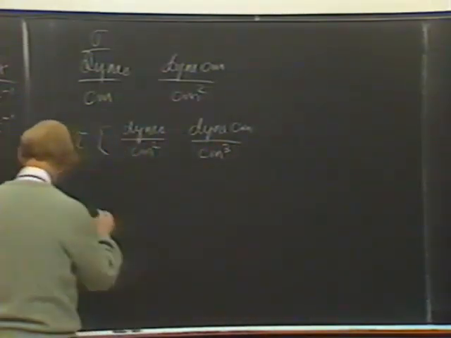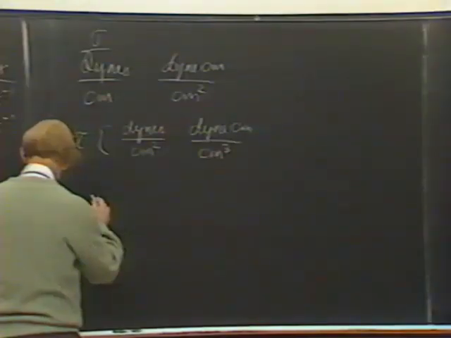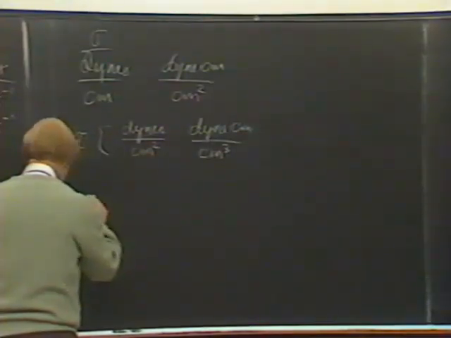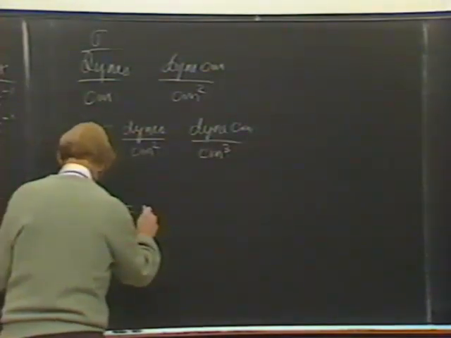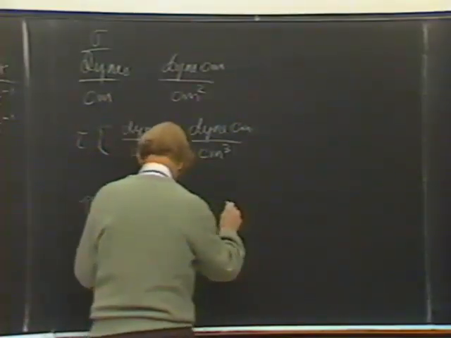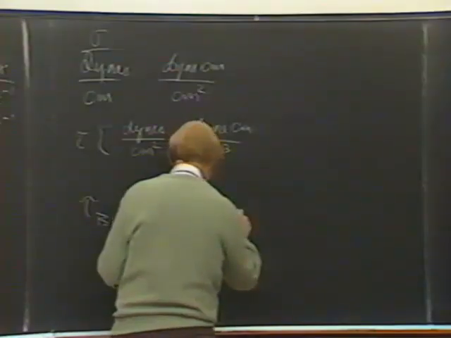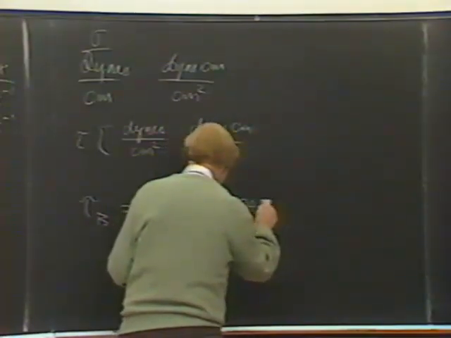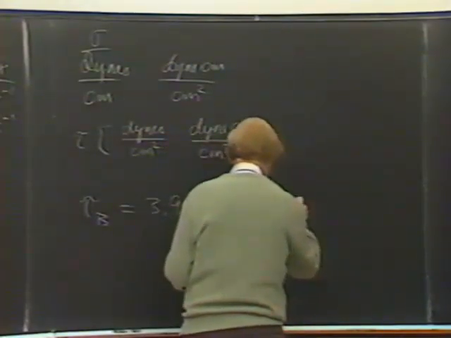That plot can be plotted as a linear plot, and it turns out to be tau b is equal to 3.9 plus 0.845 times the cation exchange capacity.